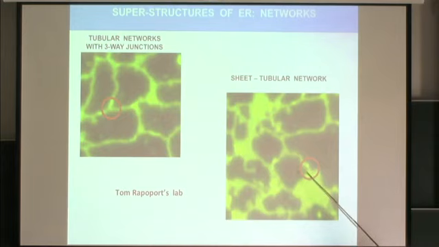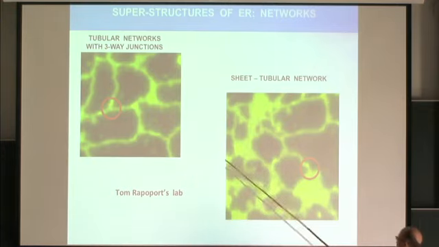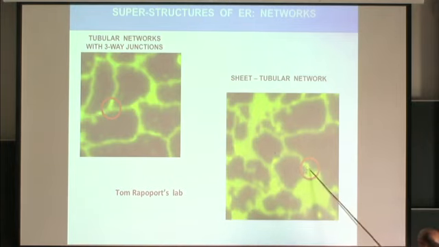And sheets are often a part of these networks. There are junctions between tubes and sheets in addition to three-way junctions between the tubes. And these junctions are, if you like, T-like junctions. But what is a common feature of these junctions? We will see it in cartoons, but you can imagine that a characteristic common feature is these corners, and these corners mean that the membrane in these corners has a saddle-like shape.